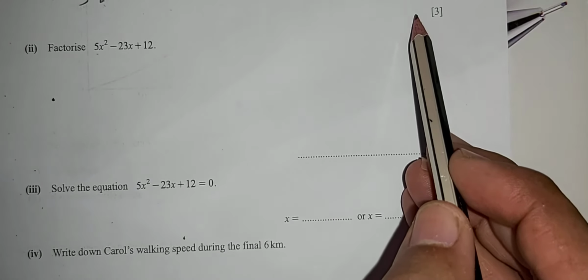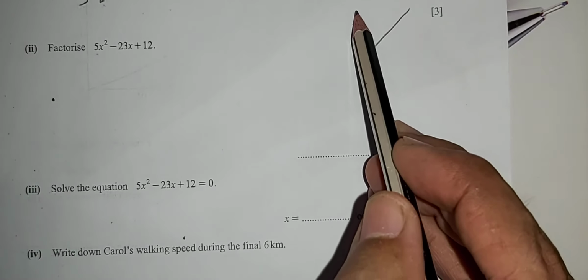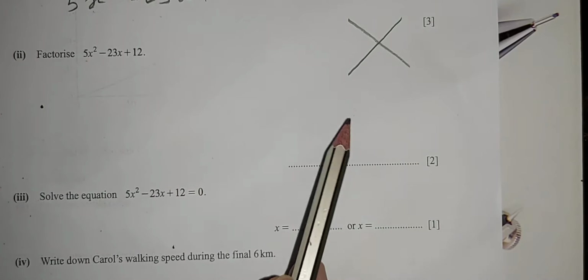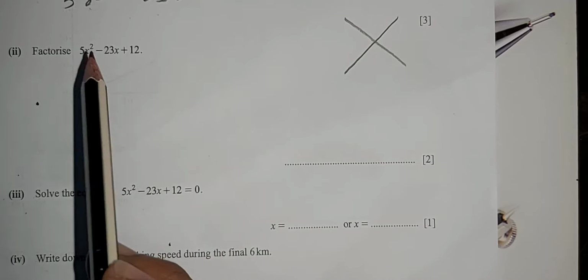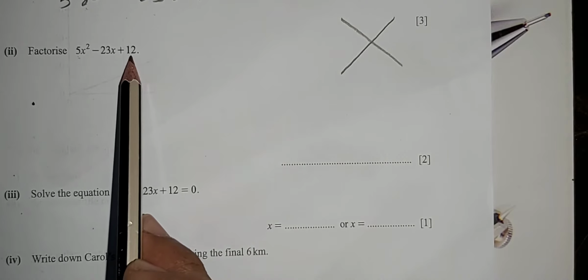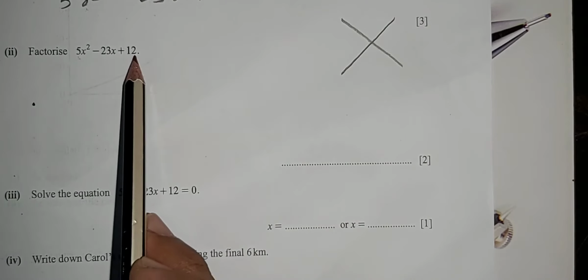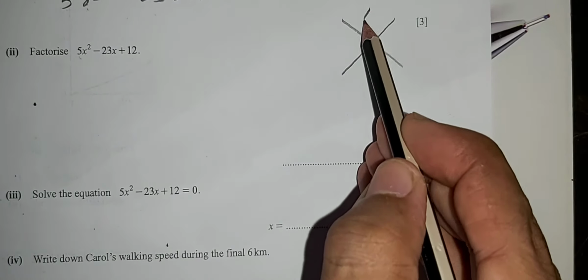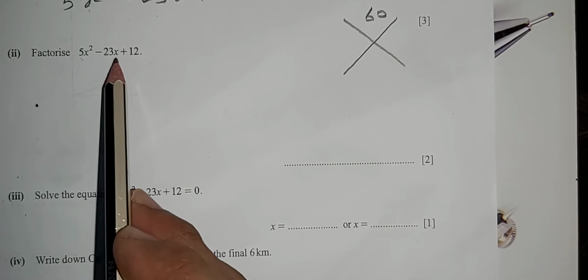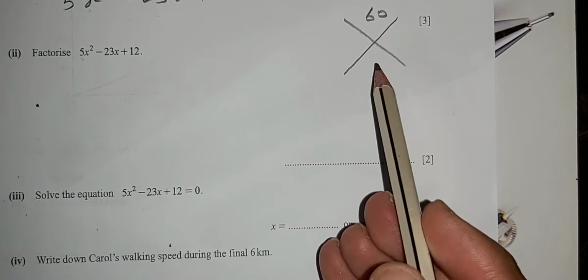We will draw a big X like that. This will help us to factorize this expression. Now multiply this 5 by 12. 5 times 12 is 60. We will put this 60 up here. Then put the x coefficient, minus 23, down.